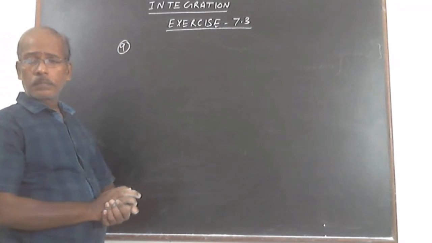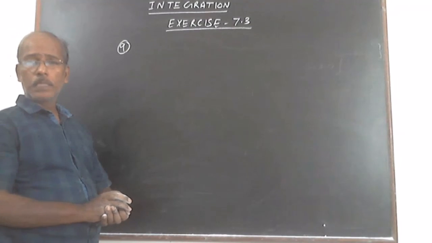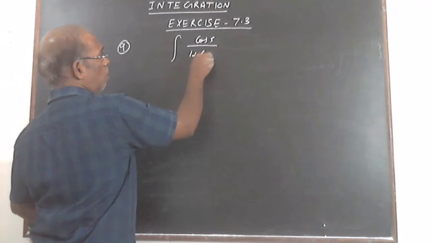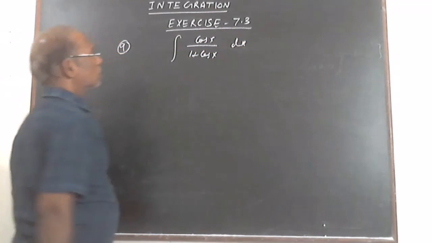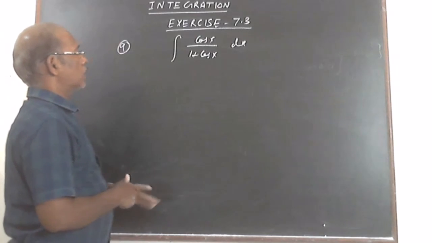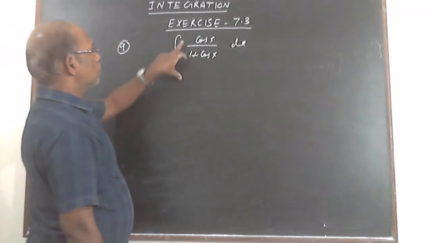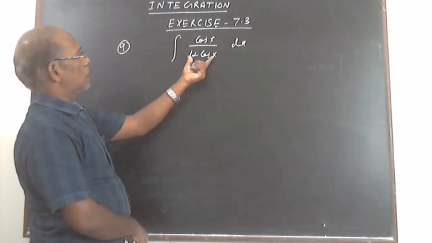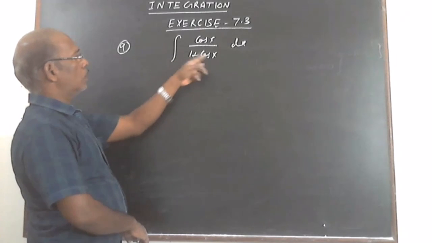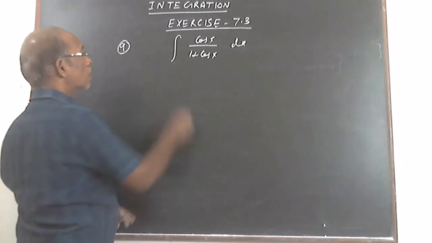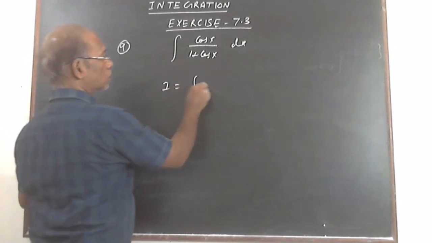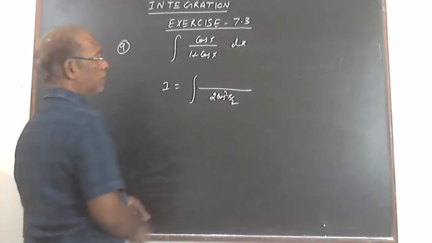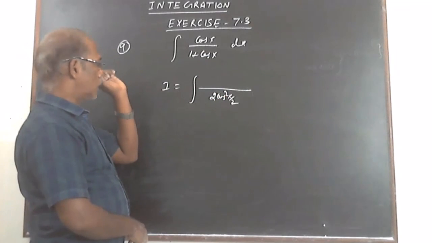Question number 9. Integral of cos x by 1 plus cos x. Okay. 1 plus cos x is equal to 2 cos square x by 2, in the denominator.